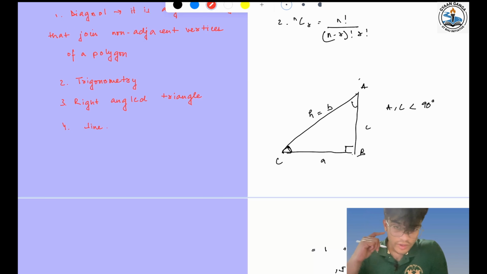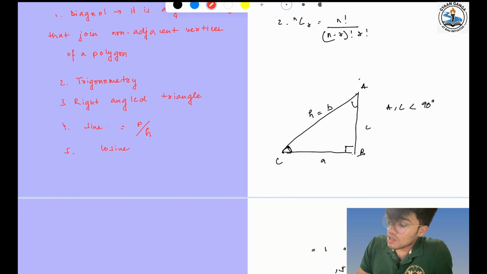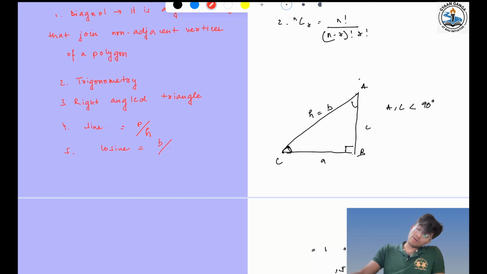So I've introduced you to the sine function. Then I'll introduce you to the cosine function. Sine function is often denoted in textbooks as P by H, that is perpendicular by hypotenuse. So perpendicular is always the side which is opposite to the angle. And cosine is essentially the ratio of the base to the hypotenuse.